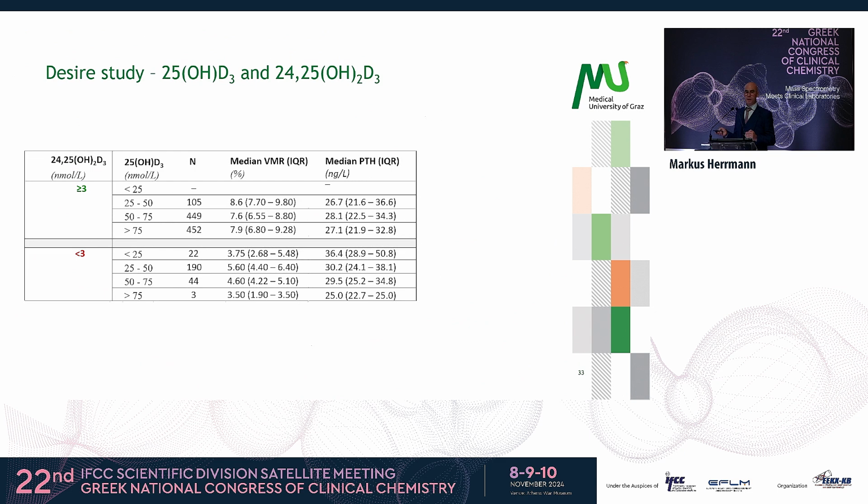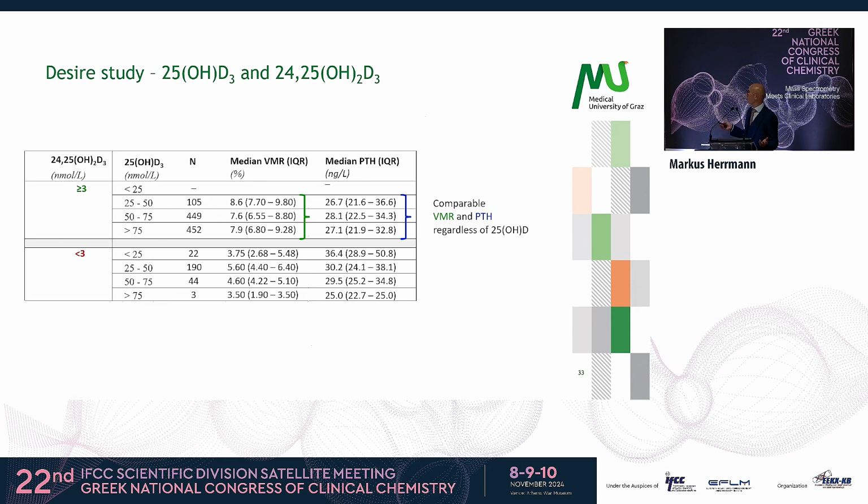Now, applying this criterion to the DESIRE cohort, we noted that in both groups, with and without relevant concentrations of 24,25-dihydroxyvitamin D, there were numerous individuals with deficient and sufficient 25-hydroxyvitamin D concentrations, but their PTH and vitamin D metabolite ratio levels did not differ.